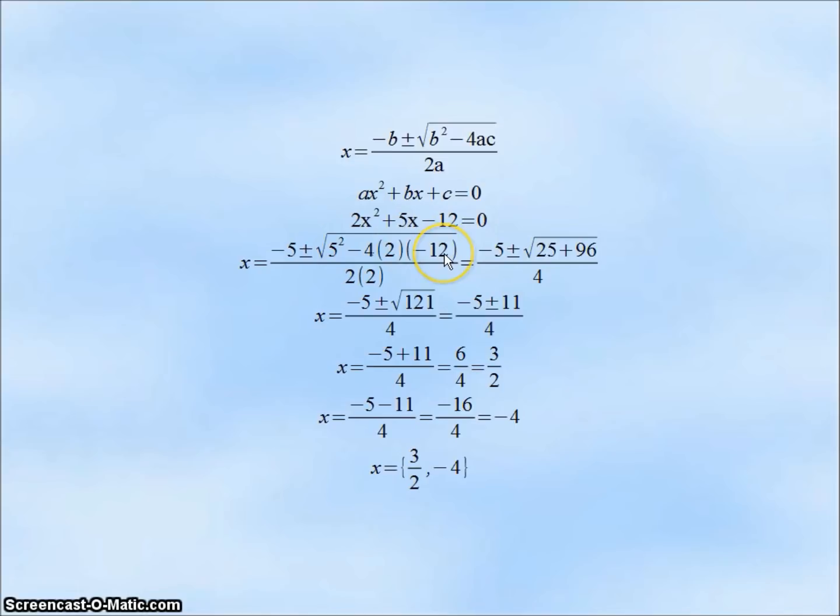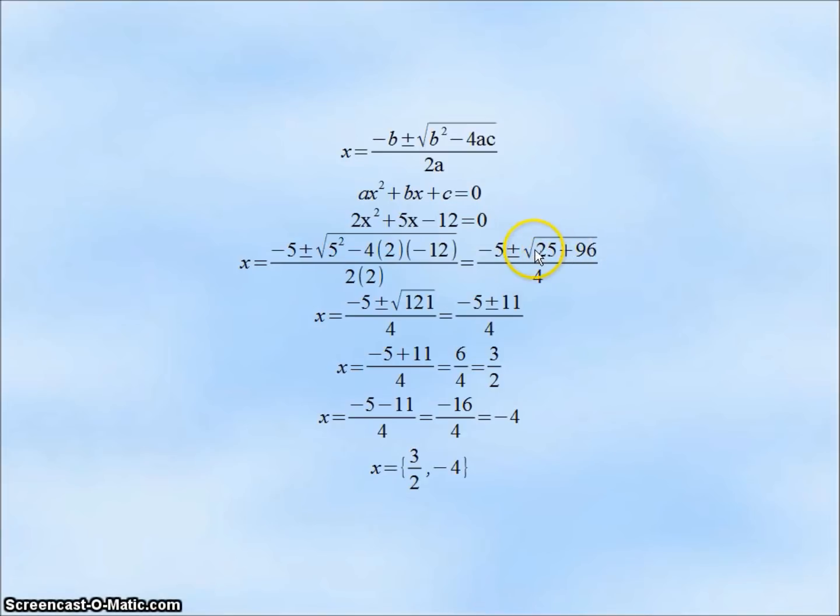This here, 2 times negative 4 is negative 8 times negative 12, that gives us a positive 96. Break out your calculators to check my arithmetic if you'd like. All over 2 times 2 is 4.